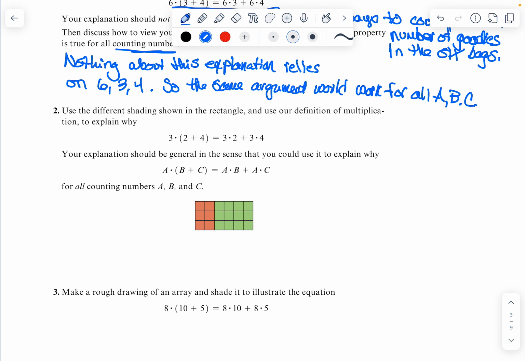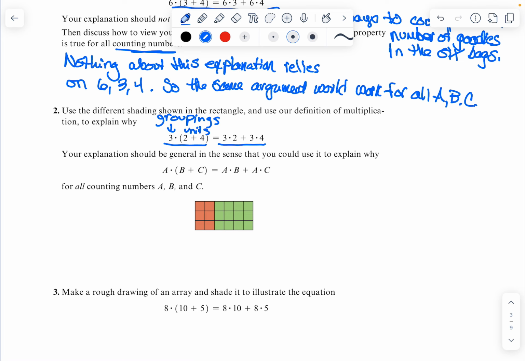So number 2 is going to start to push us towards our general explanation. It says, use the different shading shown in the rectangle and our definition of multiplication to explain why 3 times 2 plus 4 must equal 3 times 2 plus 3 times 4. So we know that the 3 must stand for our groupings, and the 2 plus 4 must be our units.